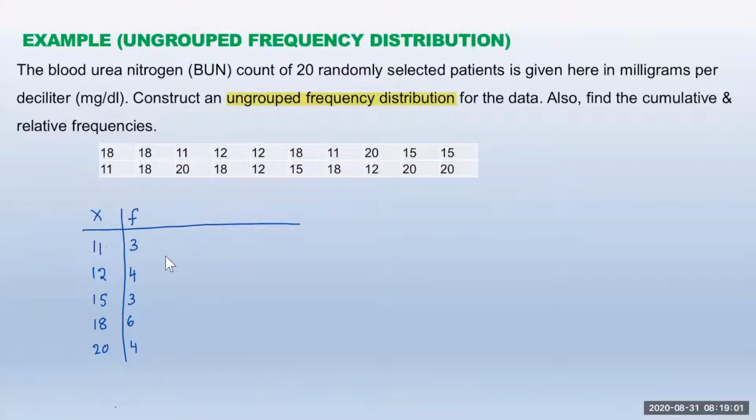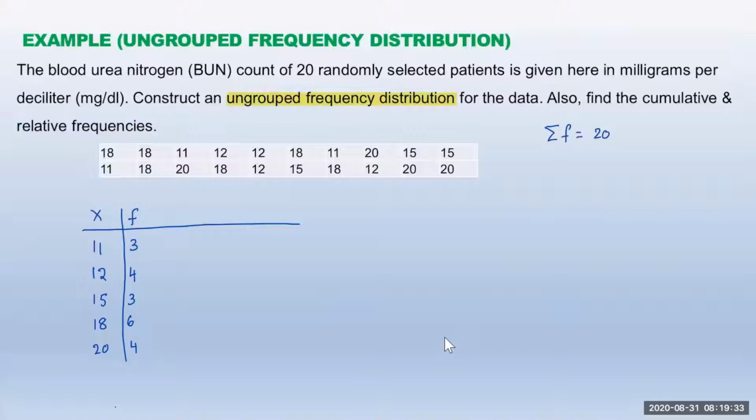We are counting the individual data points, so it is called the ungrouped, or sometimes we also call it the individual frequency table. Now, if you look at the information given here, it is a sample of 20 randomly selected persons. If you add all these, 3 plus 4 plus 3 plus 6 plus 4, the sum of all frequencies is equal to 20.